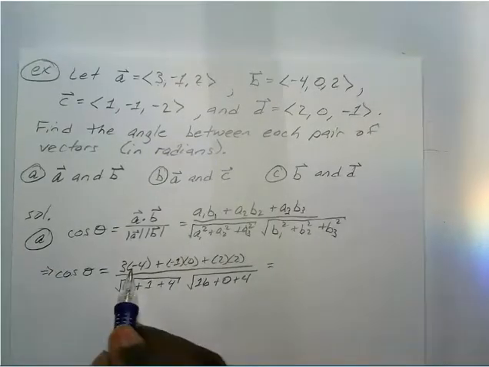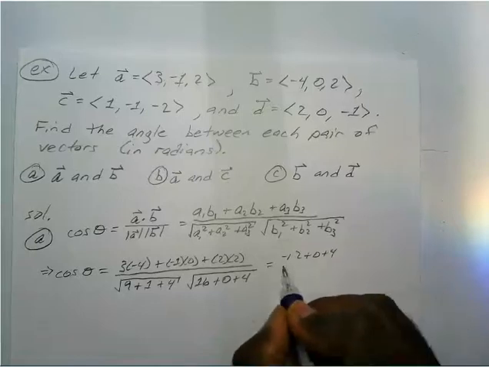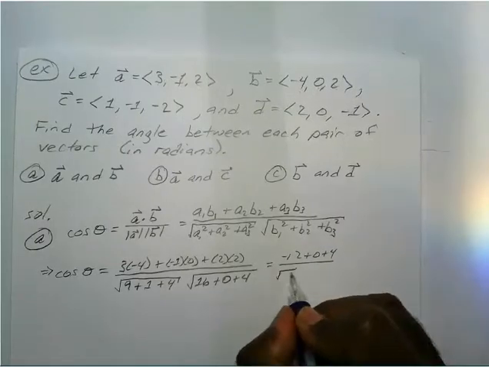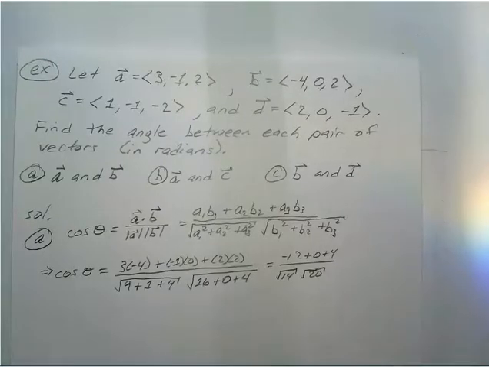Okay, so we end up with -12 plus 0 plus 4 over the square root of 14 times the square root of 20.